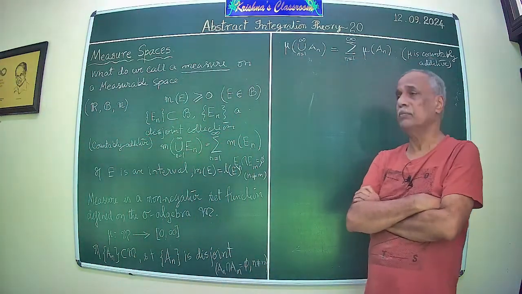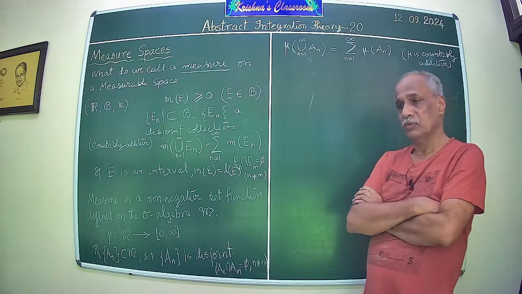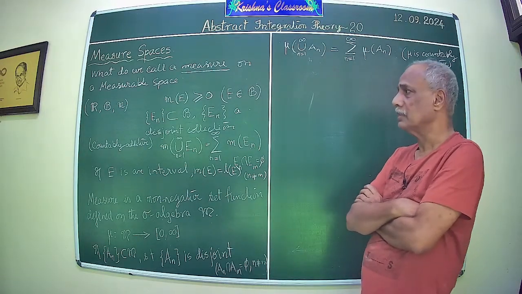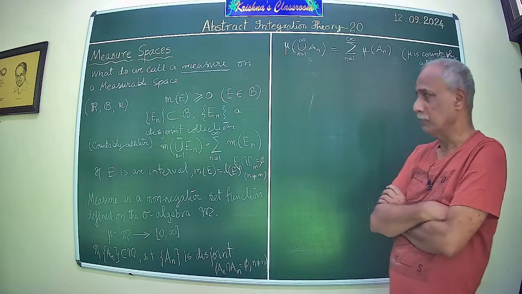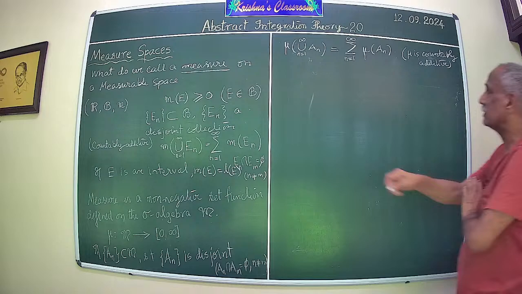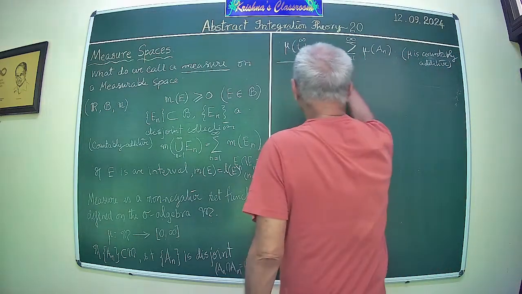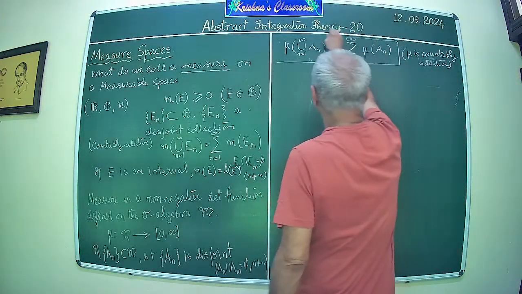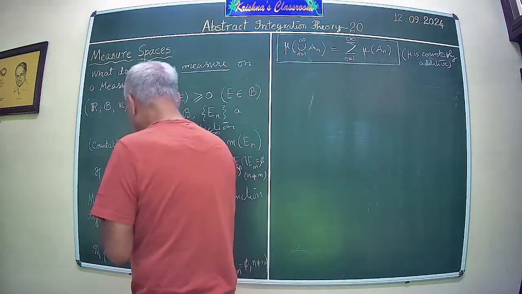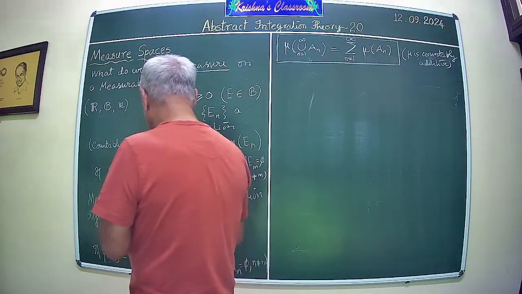So there are some sets left out which you call non-measurable. And all the measurable class of sets form a sigma algebra in that case. So this turns out to be the crucial condition: mu is a map from script M to 0 to infinity.